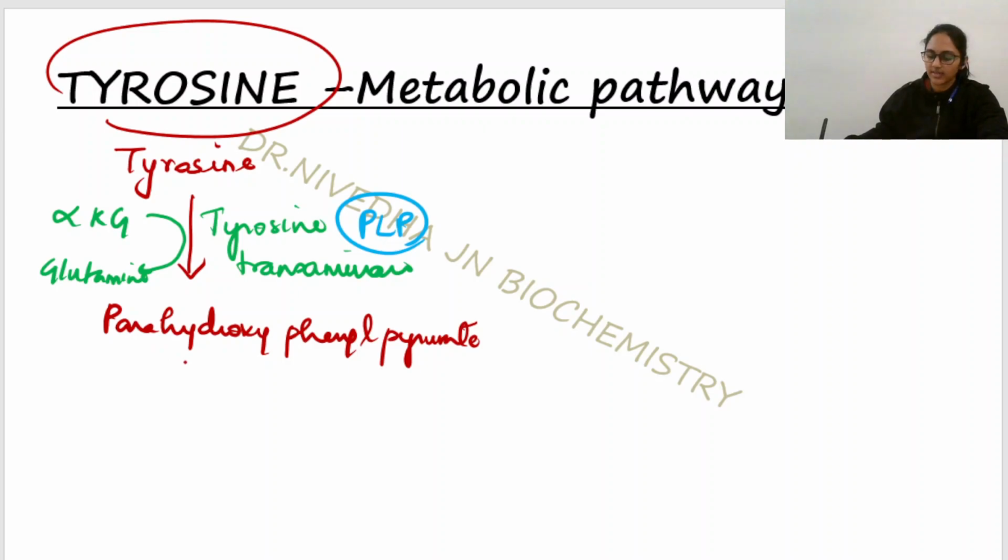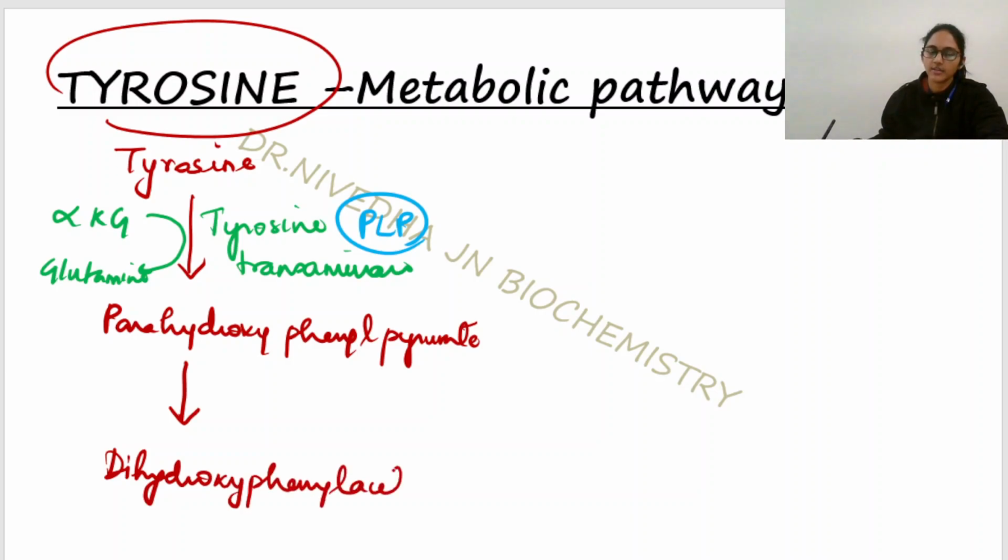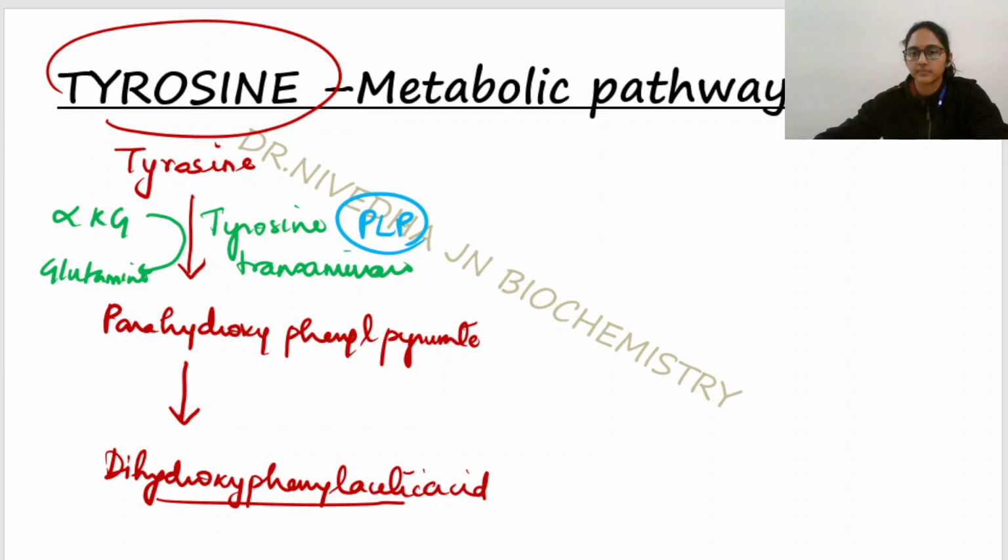Now this para-hydroxyphenylpyruvate is going to get converted to what? Dihydroxyphenylacetic acid. What is the other name for this dihydroxyphenylacetic acid? The other name is homogentisic acid.